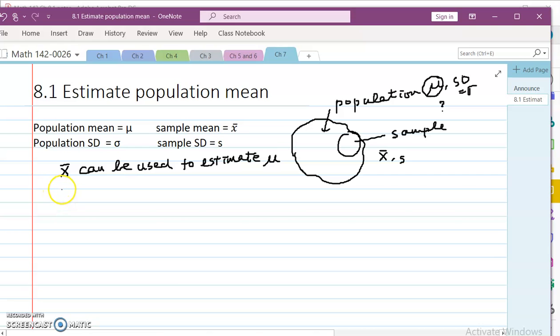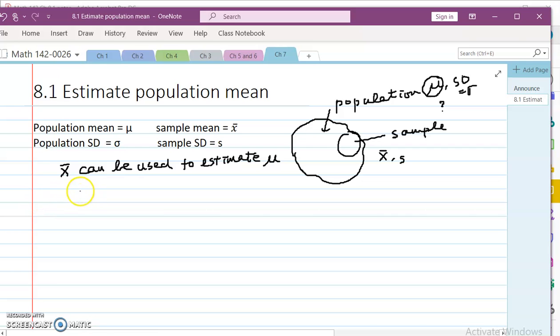This is estimating, but they don't measure everyone. They probably use a number that is an X bar, and this is easy for people to understand. They know we can use it to estimate the real population mean, but it's just a number.